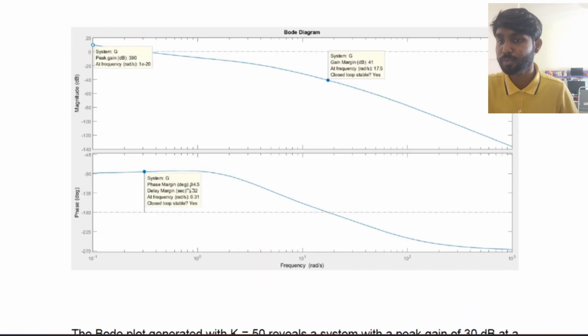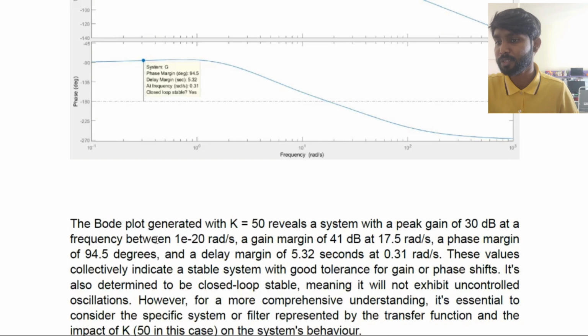The phase margin is 94.5 degrees and the delay margin is 5.32 seconds at a frequency of 0.31 radian per second. The Bode plot with K equals 50 reveals a system with a peak gain of 390 dB at a frequency of 1e to the negative 20 radian, a gain margin of 41 dB at 17.5 radian, a phase margin of 94.5 degrees and a delay margin of 5.32 seconds at 0.31 radian per second.